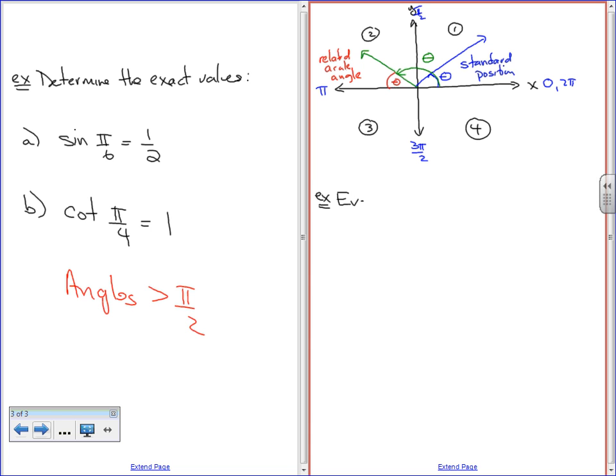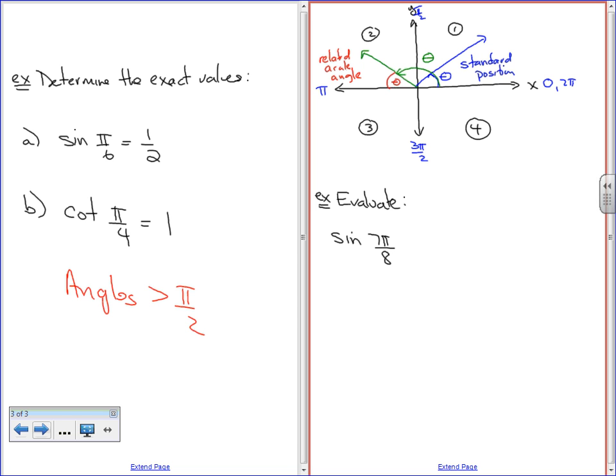Those people that have a calculator, if you could take it out to help me, just make sure your calculator is in radians. I want to evaluate, and we're just going to use our calculator for this, the sine of 7 pi over 8.